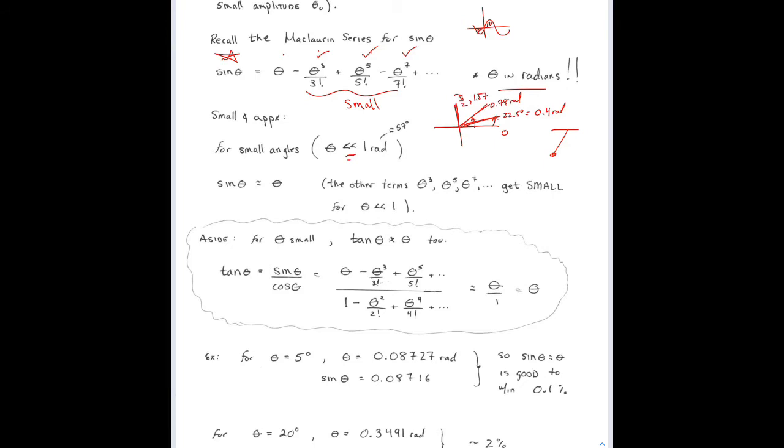What do you mean by small? They're small compared to the one you're going to keep, especially when you're dividing by 3, 5, and 7 factorial.